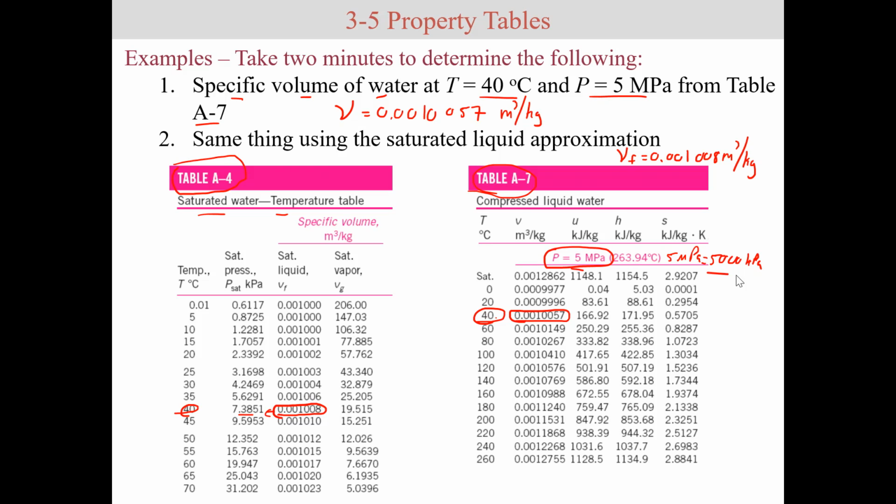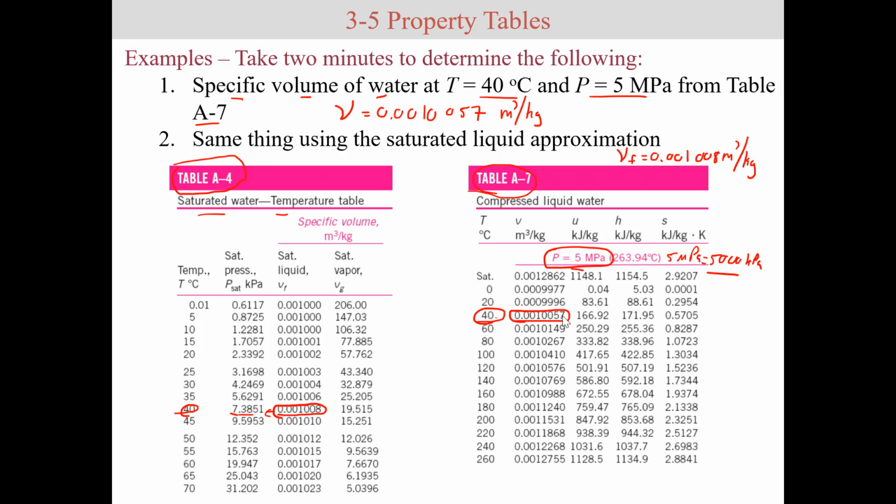This pressure is almost 1,000 times greater than that pressure, but the specific volume changed only slightly. So there was a small change in specific volume for a huge increase in pressure. The whole assumption here is that properties change very little with pressure.